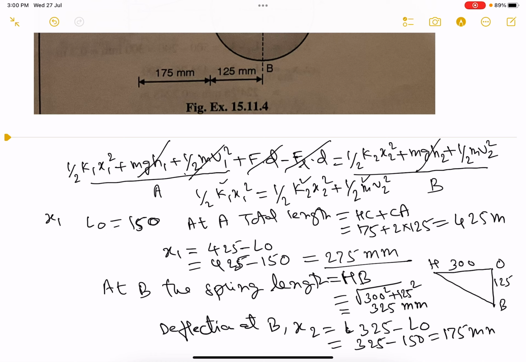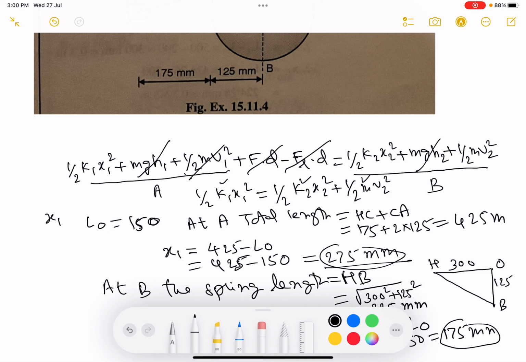So please note, our x1 is 275 mm and x2 is 175 mm, right? Now let me clean it and we will substitute the values.